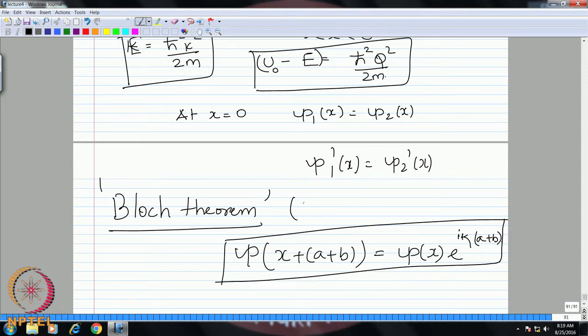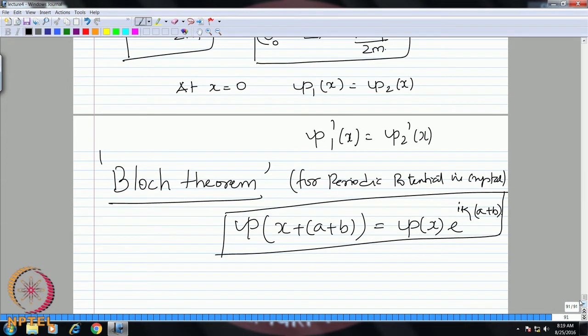So, this is for periodic potentials in a crystal. The periodicity in the wave function is expressed in this particular format. And what is kappa here? Kappa is another kind of wave number, for a crystal, however. What we have written as k and q are the wave numbers corresponding to the electrons.